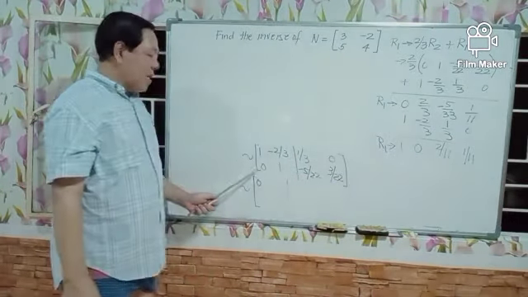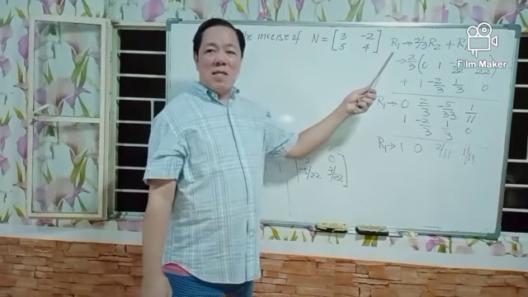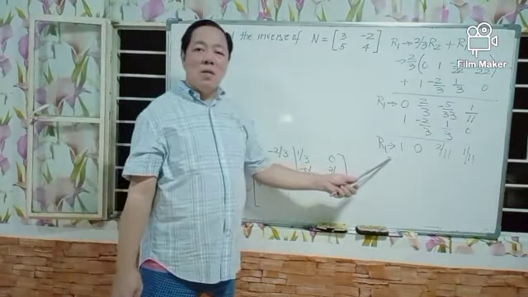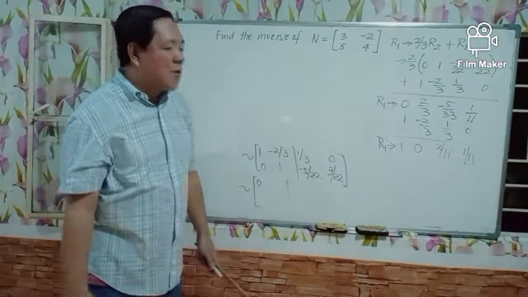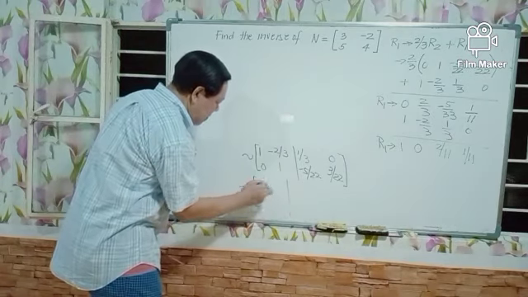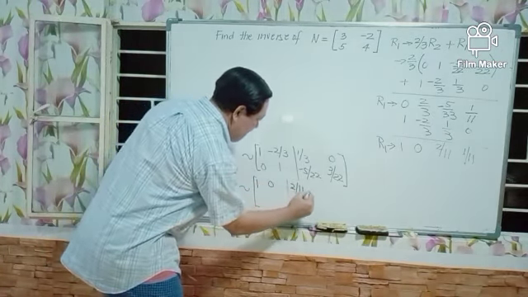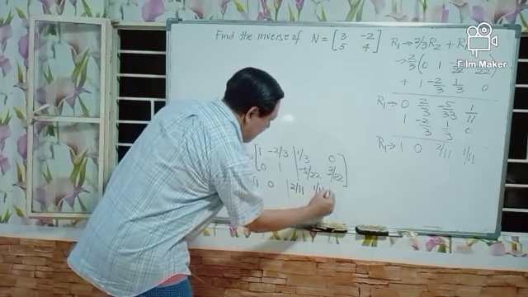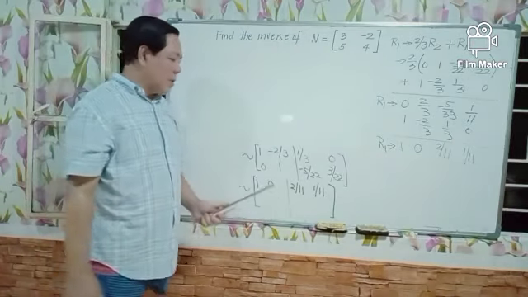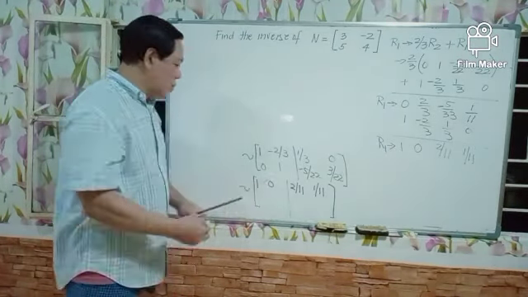Now we write the matrix equivalent to this matrix obtained by performing this elementary operation. The new entries of row 1 are 1, 0, 2 over 11, 1 over 11. And the entries of the second row are the same, 0, 1, negative 5 over 22, 3 over 22.